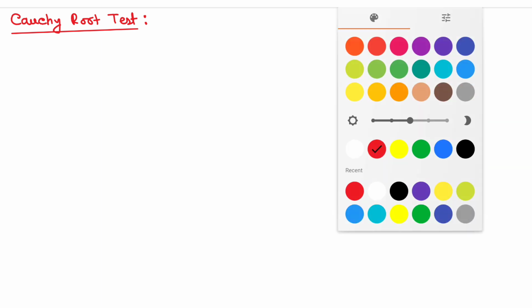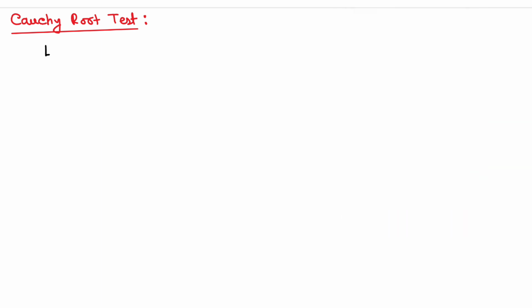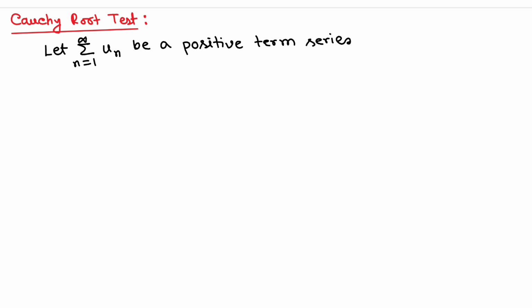So let's write the statement. Let summation n equals to 1 to infinity un be a positive term series, such that limit n tends to infinity un to the power 1 by n is equal to L, and that must be a finite number.